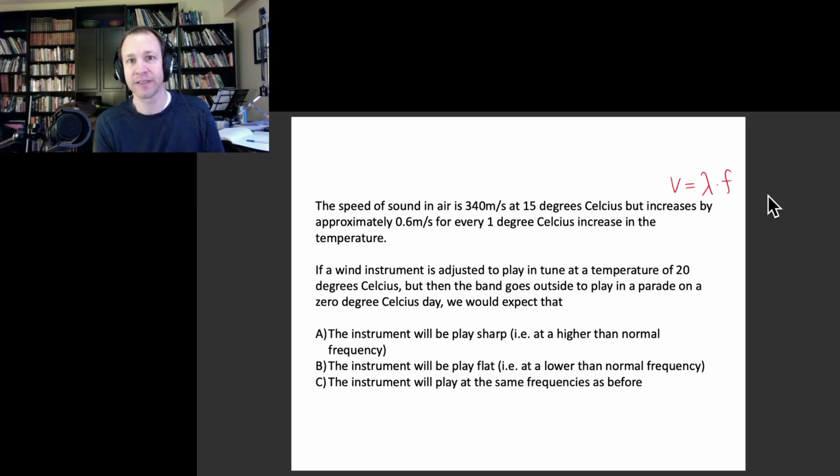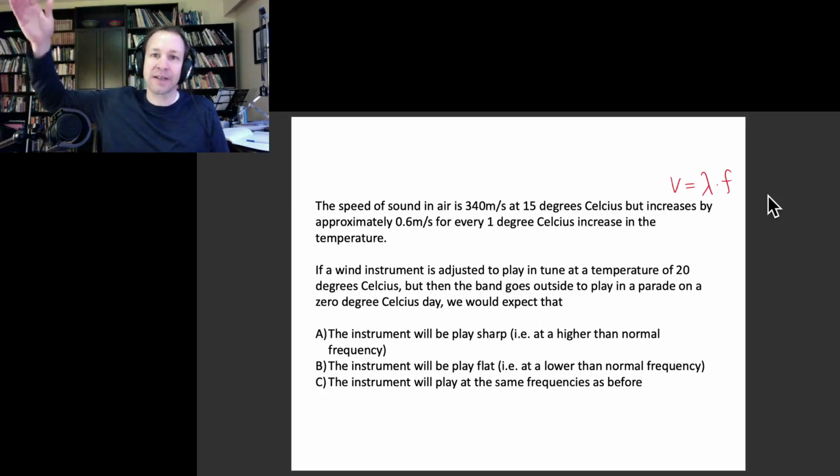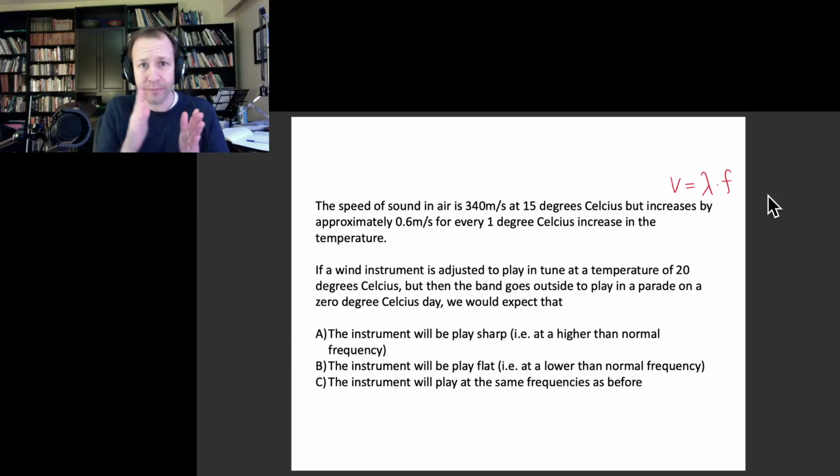decrease in the frequency. And we are going to talk pretty soon about how a semitone, frequencies separated by a semitone, that's about a 6% difference. And so going from inside to outside, it's about half of a semitone. And so that's a pretty significant effect.